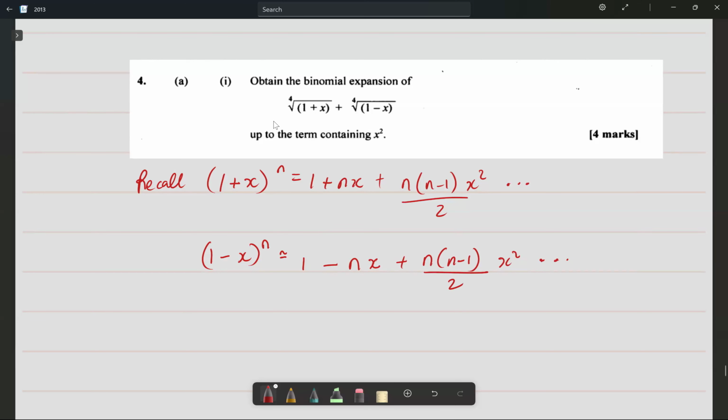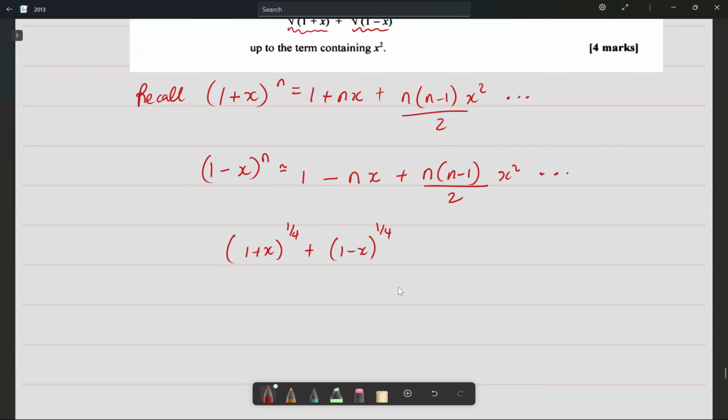Okay, so we're going to rewrite these in power format. So that becomes (1 + x)^(1/4) plus (1 - x)^(1/4). Cool.